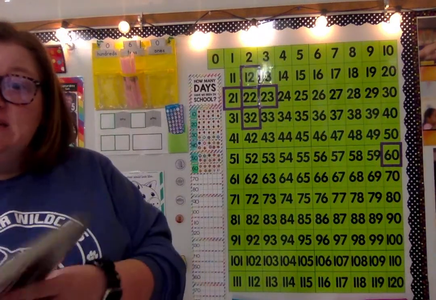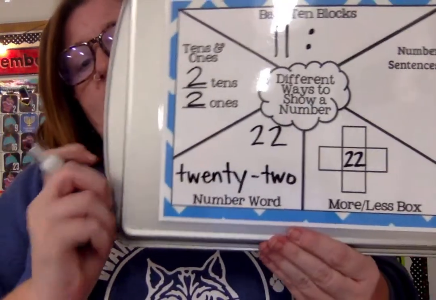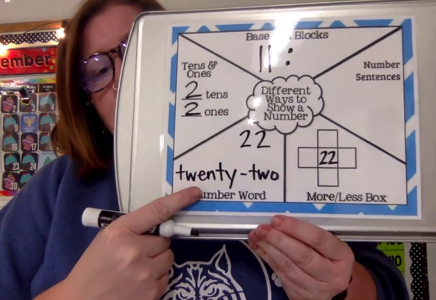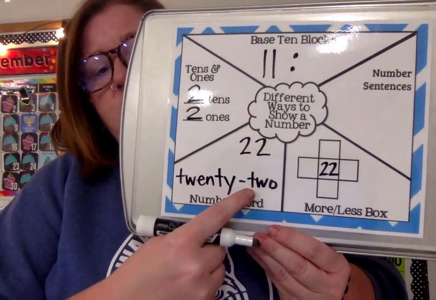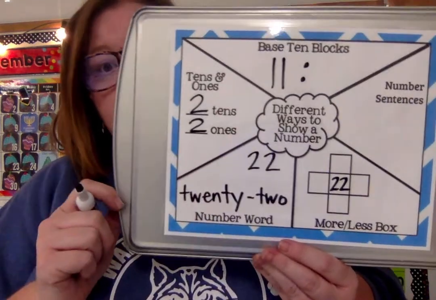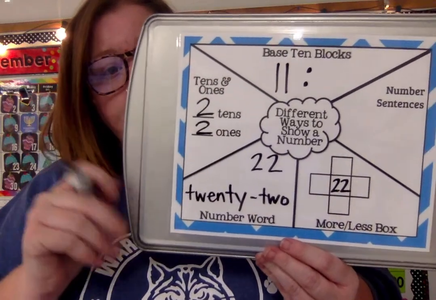So that number word is still 20 if you want to write it in the number word. 20. And the number word 2, that is one of our sight words. We have 20, T-W-E-N-T-Y, and then 2, T-W-O. Number word 2.